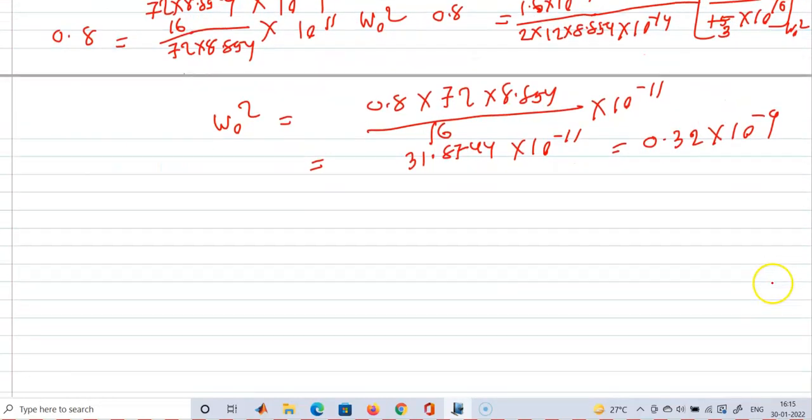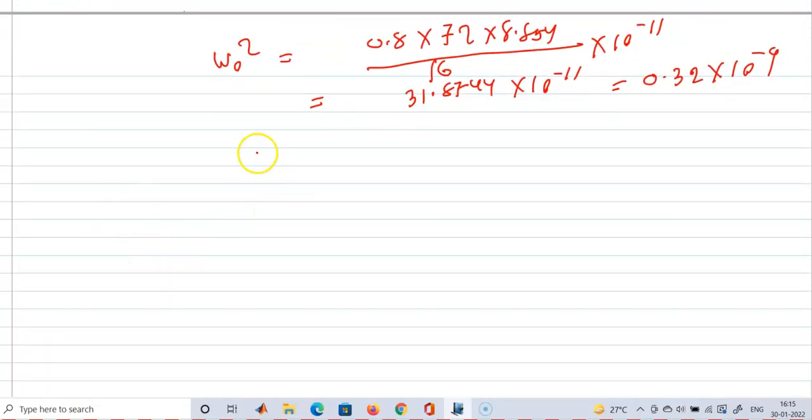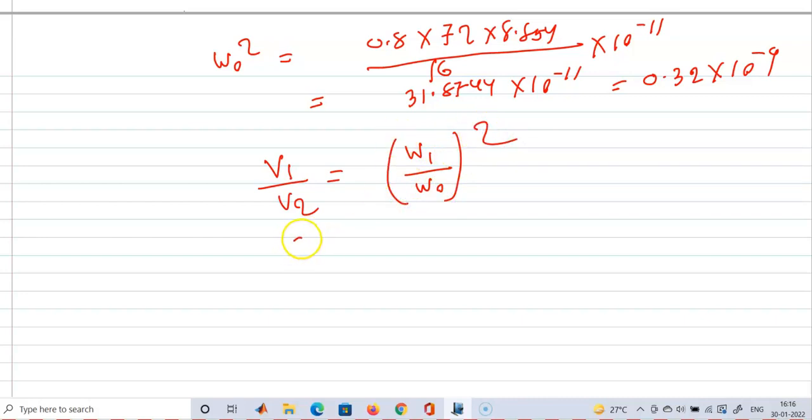So the first concept we have already used, and the second concept is V1 upon V2 is equal to W1 squared upon W2 squared. V1 is 0.8, V2 is 0.8 plus VR, the reverse bias voltage. W1 squared we have already calculated, 0.32 into 10 to the power minus 9.